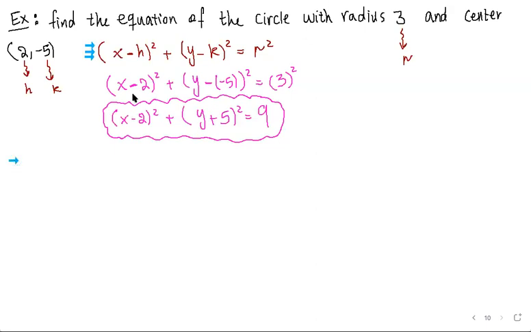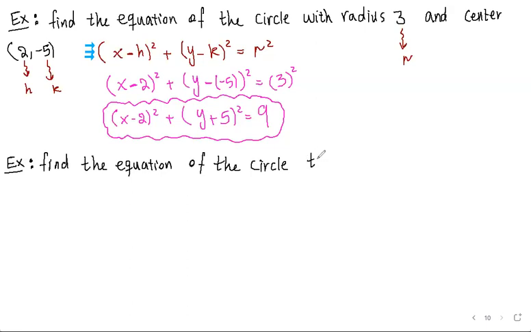Example 2. So now find the equation of the circle that has points P(1, 8) and Q(5, minus 6) as the endpoints of the diameter.